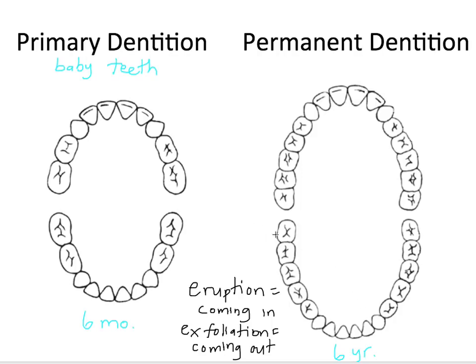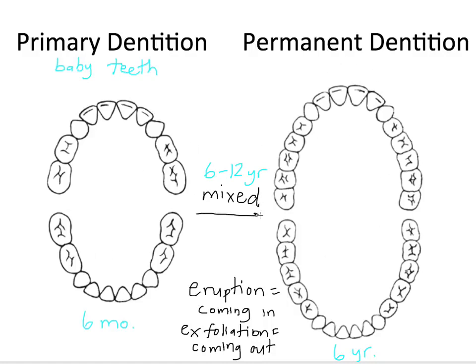And it takes until about 12 years for the last baby teeth to be exfoliated and to be completely replaced by permanent teeth. This transition period from about 6 years to about 12 years old is called the mixed dentition, when we have a mix of both primary teeth and permanent teeth.